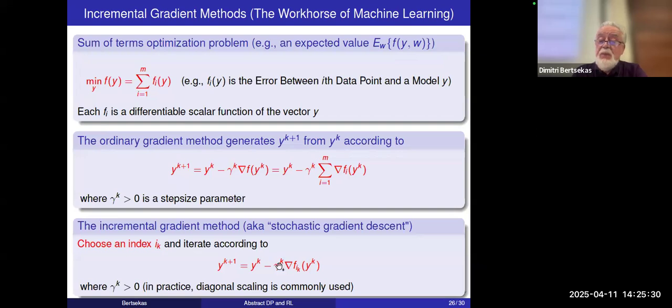And people in reinforcement learning and machine learning have been very inventive to find ways to compute good scaling factors online. There's a method called ADAM, which is used a lot these days. It involves diagonal scaling, and it has poor convergence properties.